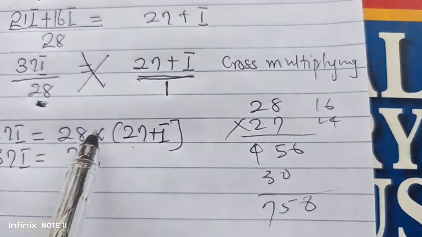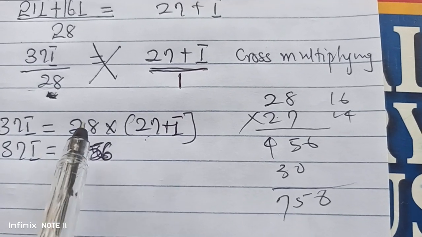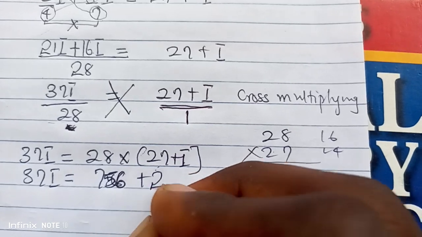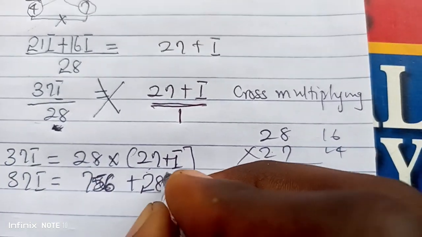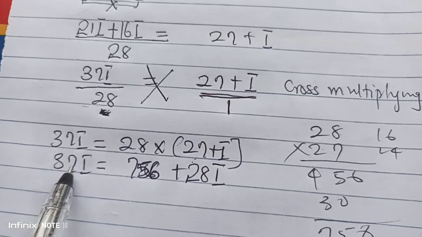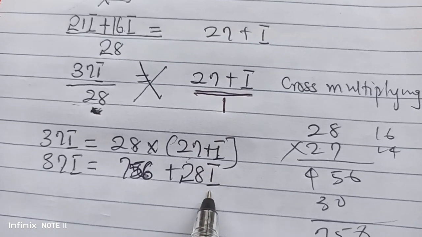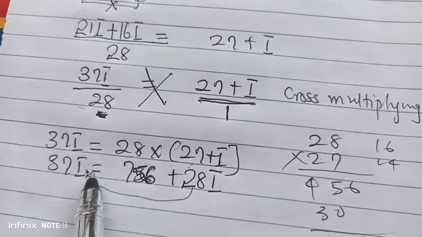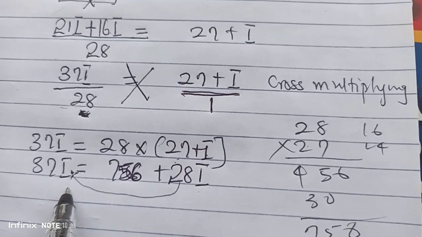So we have used this 28 to multiply this 27. So use the 28 also to multiply this i. So we have 28i. Is that clear to you now? You can see that this is 37i and this is 28i. You can easily bring it to this side. When you bring it to this side, it becomes minus.